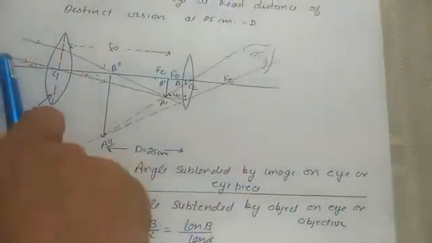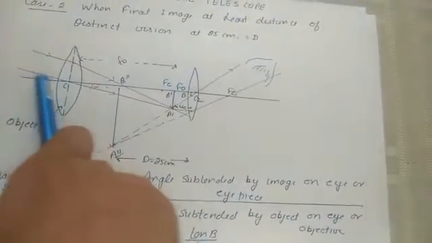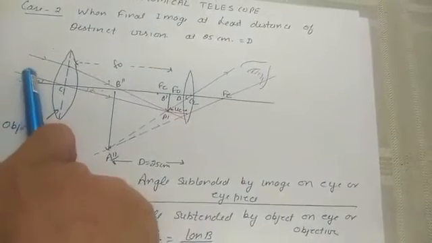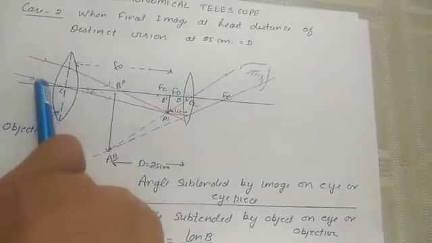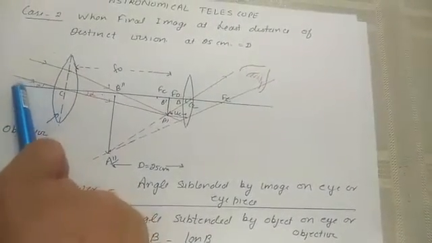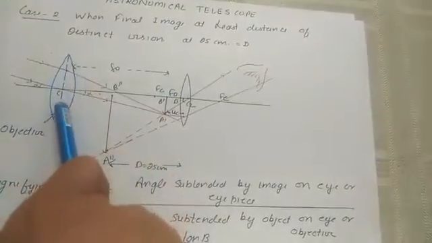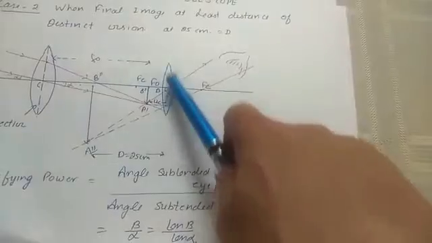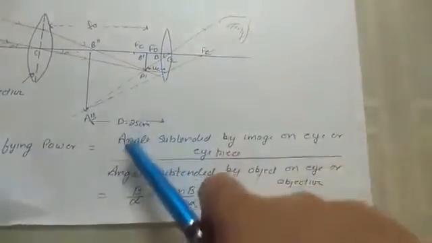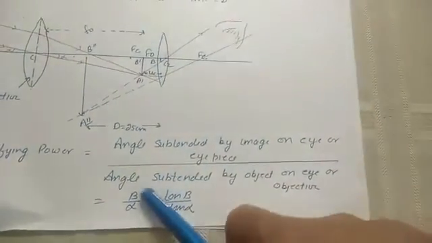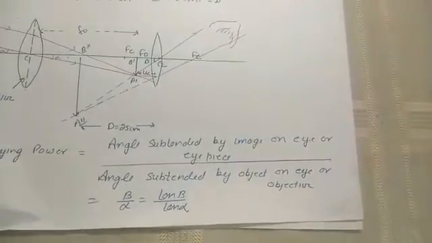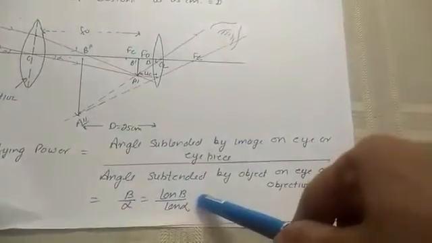So this is the ray which is coming from the object which is at infinity, and this ray is making angle alpha with the principal axis at the objective. And this is the final image, it is making angle beta at the eyepiece, and that's why we take m is equal to beta by alpha, or nearly equal to tan beta upon tan alpha.